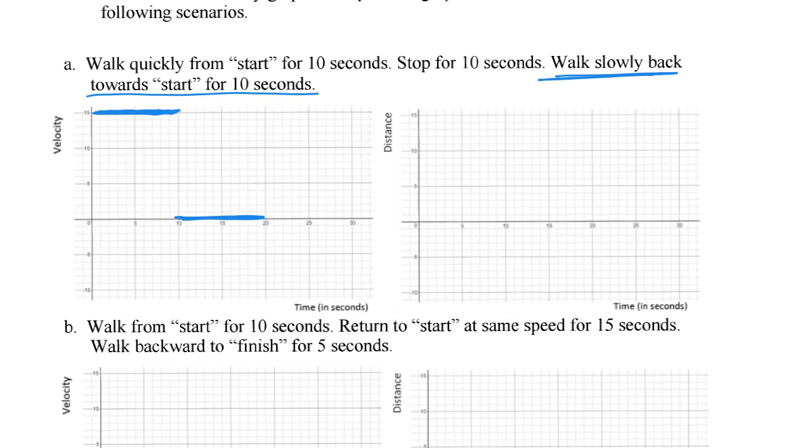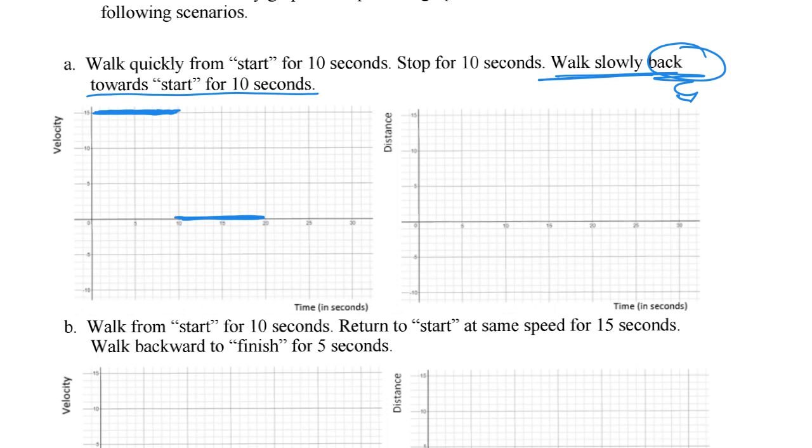The distance graph will appear as slanted lines, except for when you're stopping, it will be a horizontal line. Now, when you're walking slowly for 10 seconds, this will be below the x-axis because you're walking backwards. So this is the new thing that you're introduced to with this lesson. When you're walking backwards, your horizontal line will be below the x-axis.